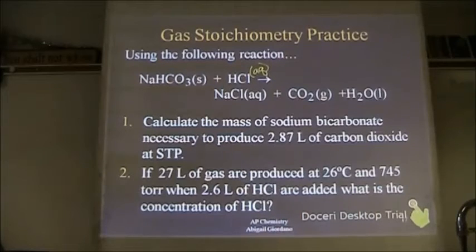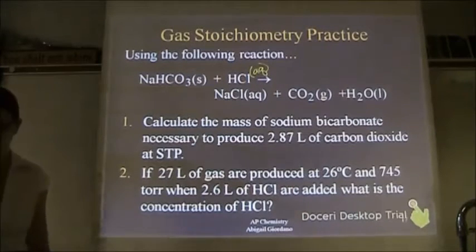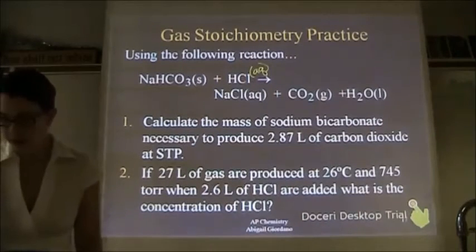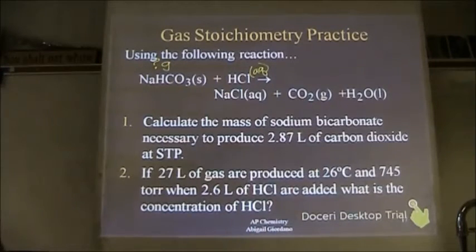So number 1 says, and you're going to do these problems, I'm just going to set it up for you: calculate the mass of sodium bicarbonate. Where is sodium bicarbonate in this reaction? The first reactant. So I'm just going to put a question mark, grams, because that's what I'm supposed to find.